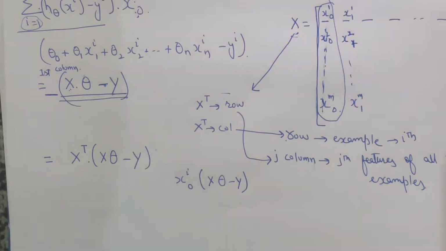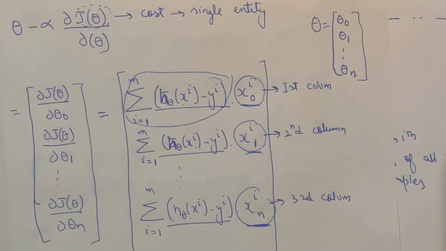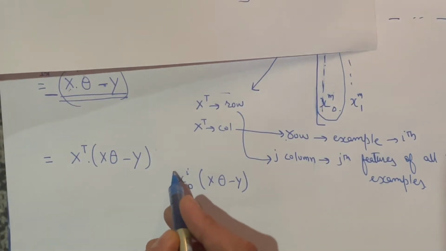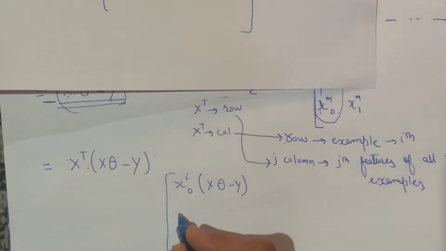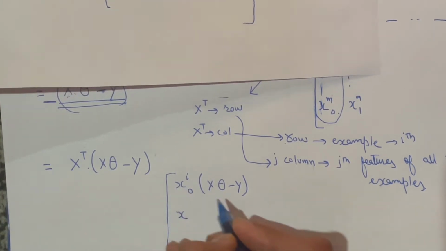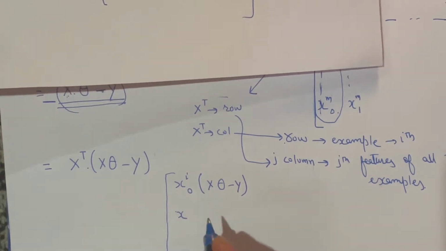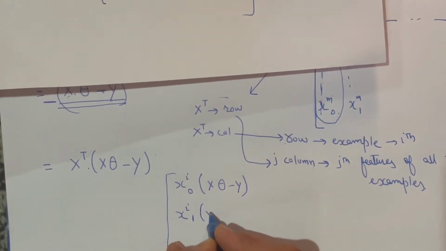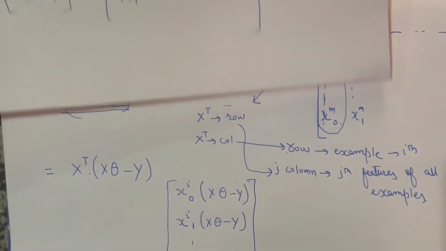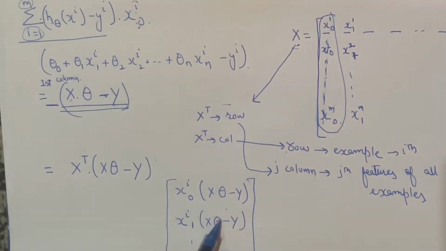What was x theta minus y? It was this particular quantity. Then this will be the first element of this result. The second element will be the second row, xi1, times x theta minus y, and so on. I am writing it in matrix form, but you should understand it is the first row of x transpose. So these two are the same, this one and this one.